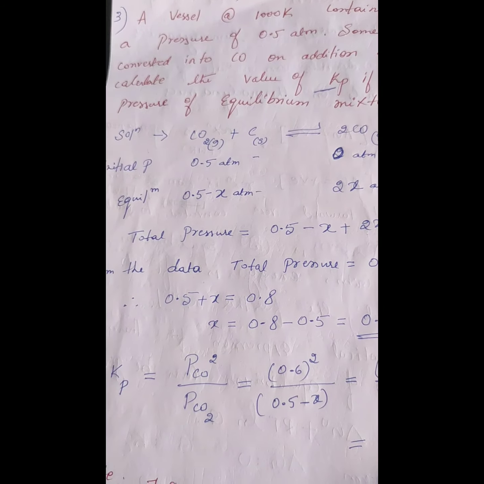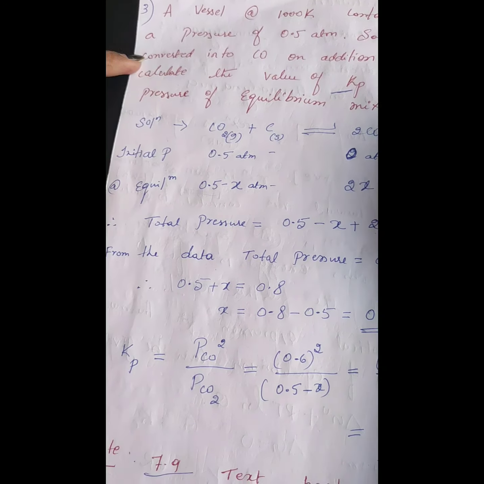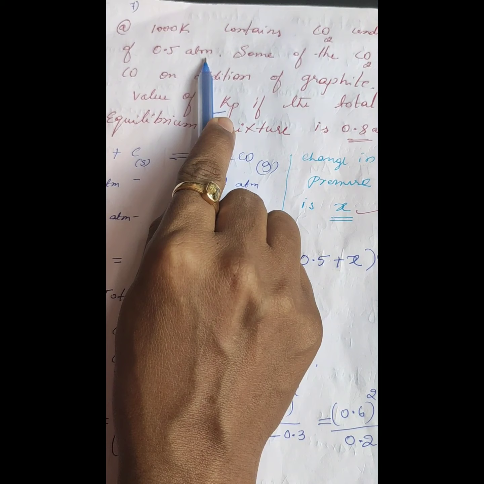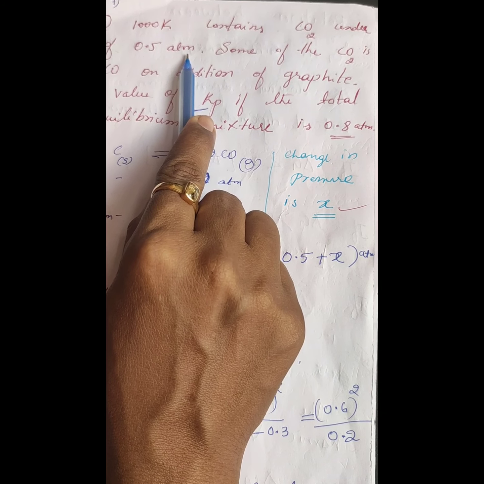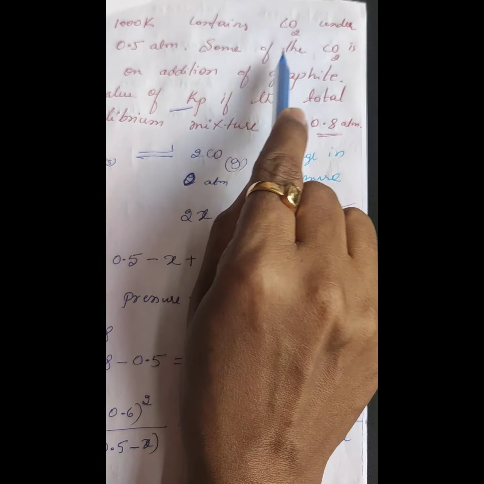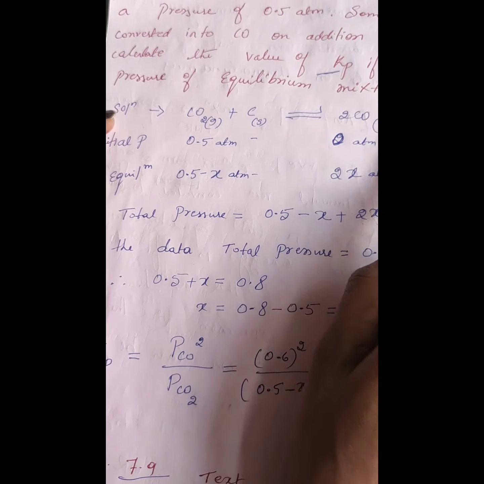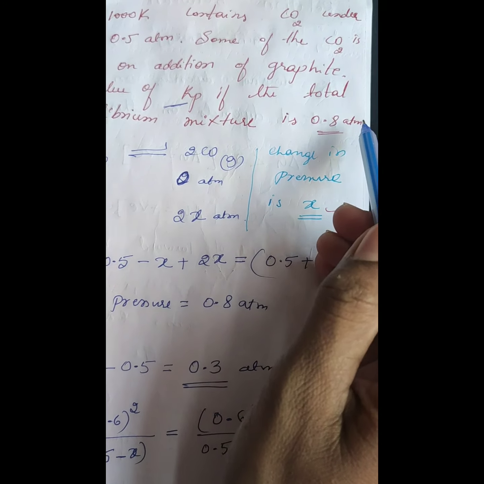A vessel at 1000 Kelvin contains carbon dioxide under a pressure of 0.5 atm. In terms of gases, this is the reaction. Some of the carbon dioxide is converted into carbon monoxide on addition of graphite. Calculate the value of Kp if the total pressure of the equilibrium mixture is 0.8 atmosphere.